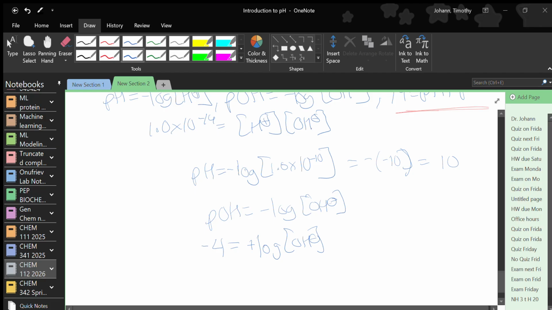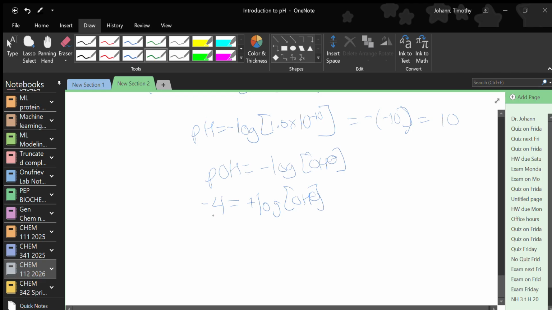I would swap my signs there, multiply both sides by negative 1. I would take 10 and raise it to both sides, and that would end up giving me the hydroxide concentration. If I put that into my calculator, it is going to be equal to 1.0 times 10 to the negative 4th molar. Okay?